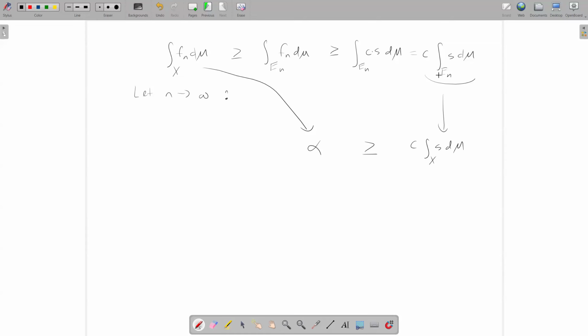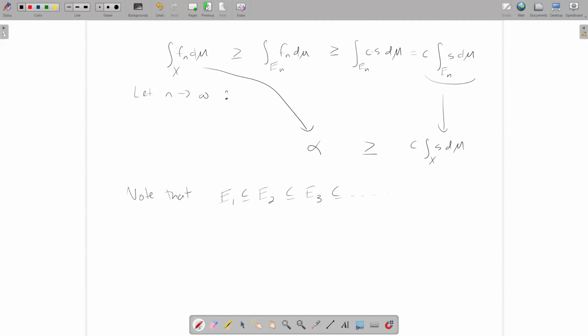And you might have a question about this. What we're doing there is applying a prior result about unions. So note that E_1 is contained in E_2, is contained in E_3, and so on.